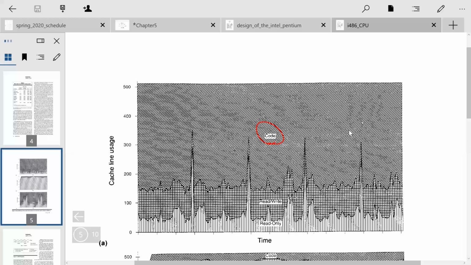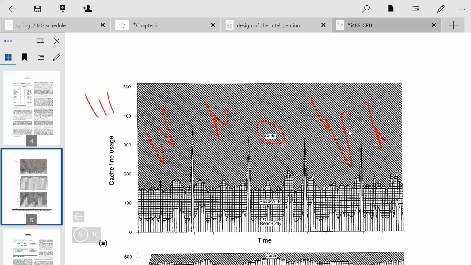All of this space here, in this pattern shade, this is all code. Okay, so those are instructions. Okay, and these are lines. These are your lines of cache that go up to 512.